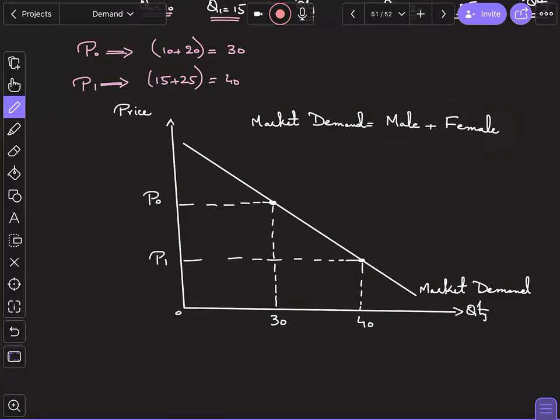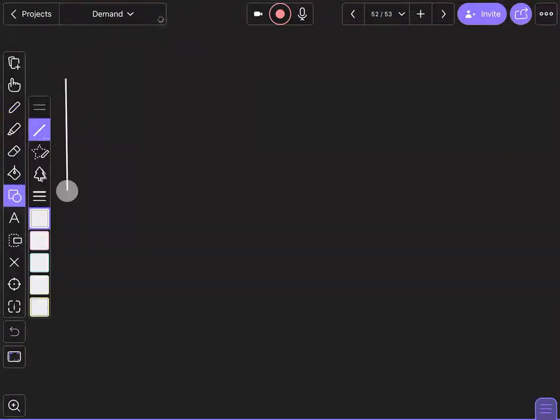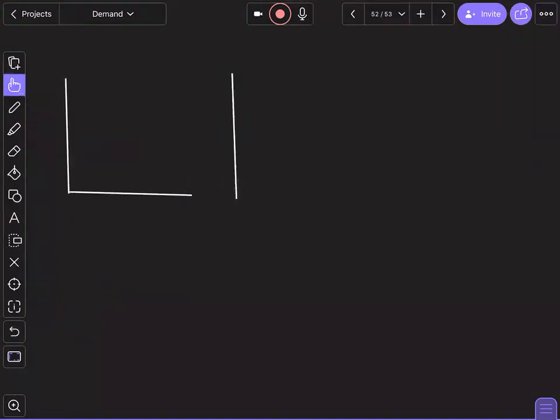Now let's do one other example. In order to give you a better understanding, let's say we have three consumers of the good. There are only three consumers of the good in the market.